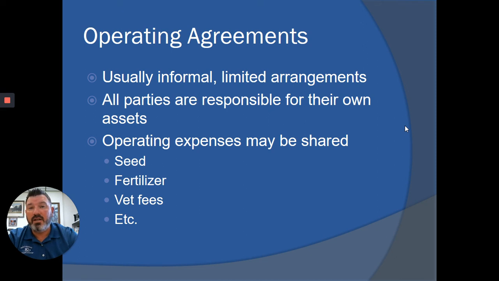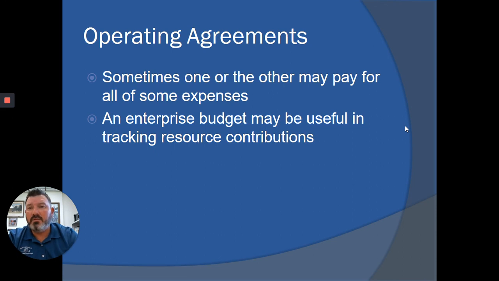Neither of you has enough requirement to own your own feed mixer, but you think you can make it happen where one feed mixer will serve both operations. You could create an operating agreement in order to buy that feed mixer and use it at both operations, share the cost of expenses, share the other inputs and the service that's required on it, and you're also sharing what it does for you.